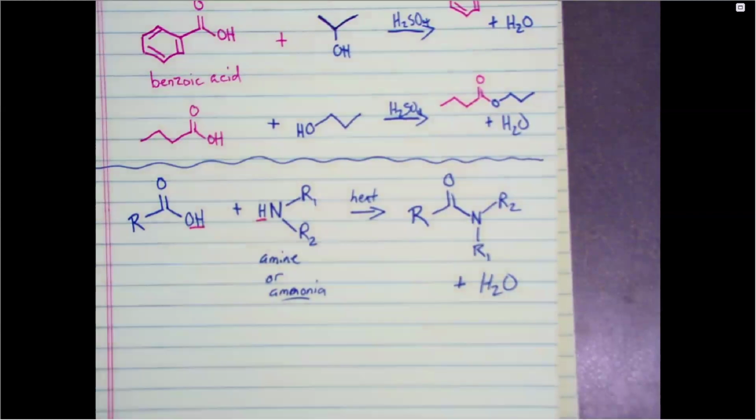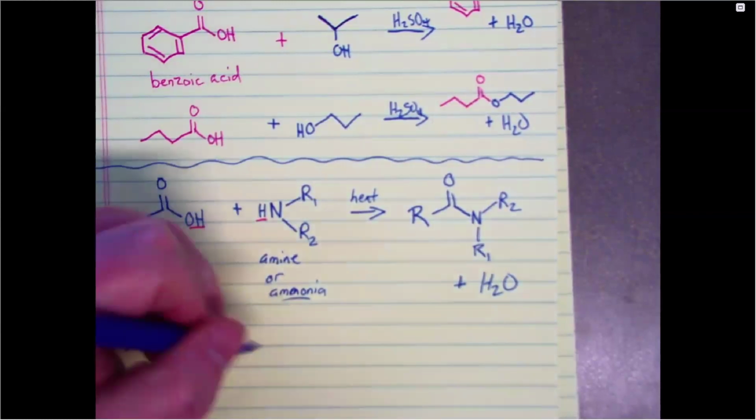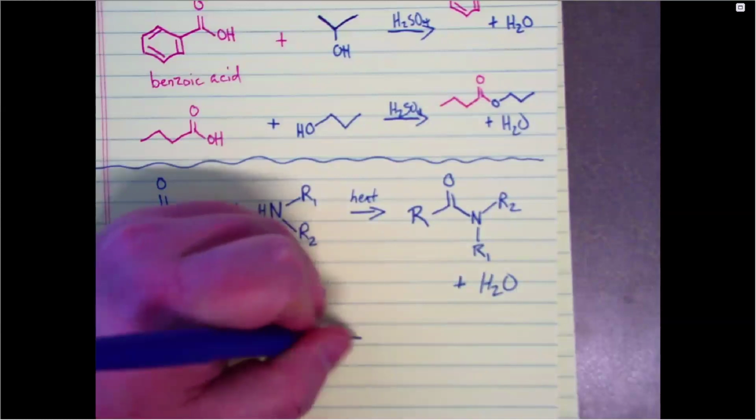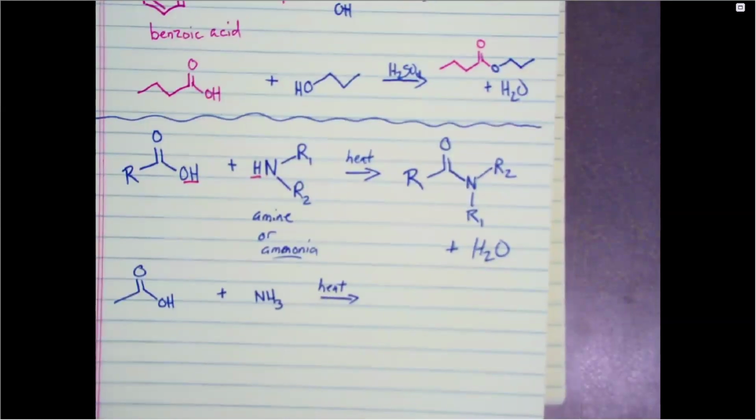Let's look at a real example now instead of one with lots of R's. If we started with acetic acid, and we treated acetic acid with ammonia, NH3, and then heated in a closed container so that nothing could escape as a gas.